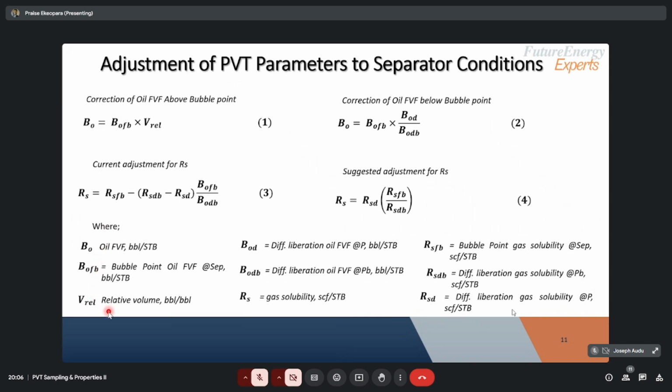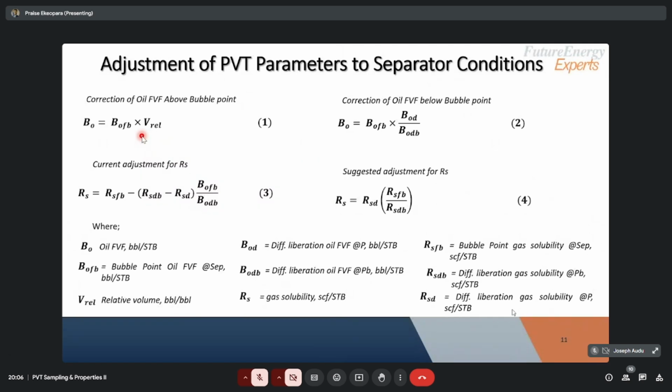There's equally one where we correct relative volume, and that's where you'll be hearing things like Y function and the likes, but we are going to explain that in detail. So for correcting BO values above bubble point, remember, the correction done above bubble point will in most cases be different from when you are correcting below.